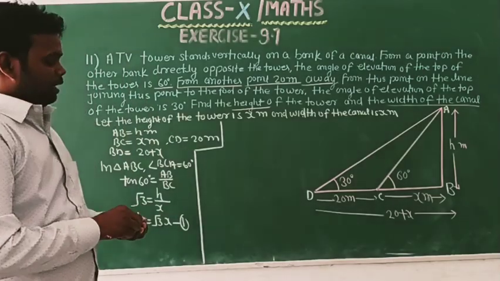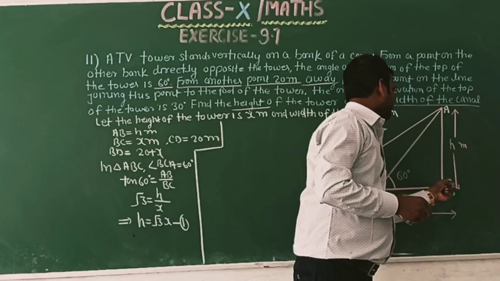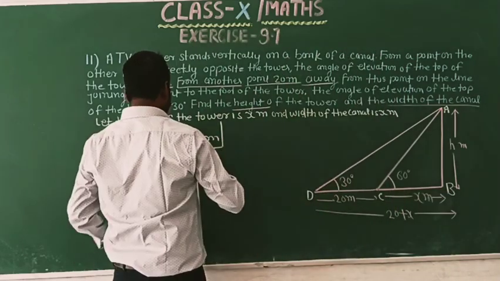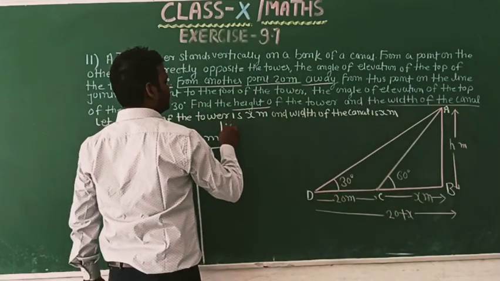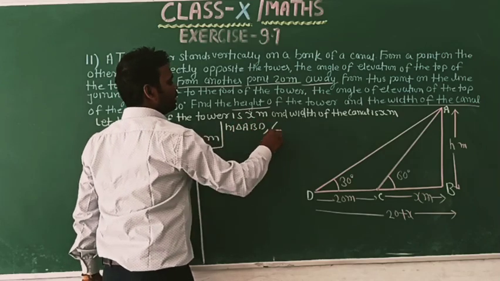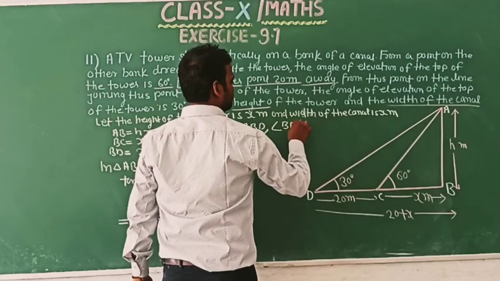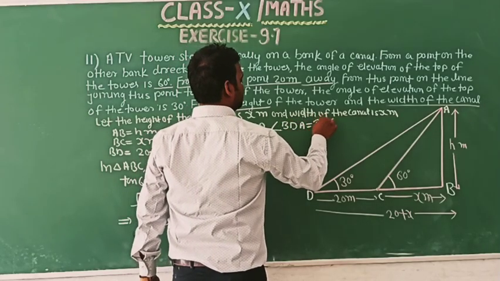Now move to right angle triangle ABD. In right angle triangle ABD, angle BDA equal to 30 degree.